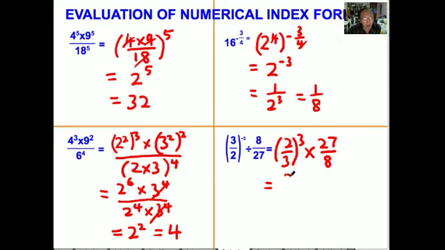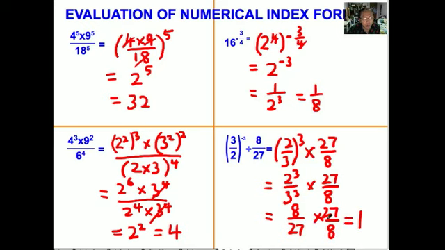Now we can apply the power in the brackets. 2 to the power of 3 over 3 to the power of 3, which is 8 over 27, multiplied by 27 over 8, giving us 1. From a difficult expression, we simplify it to a simple expression 1.